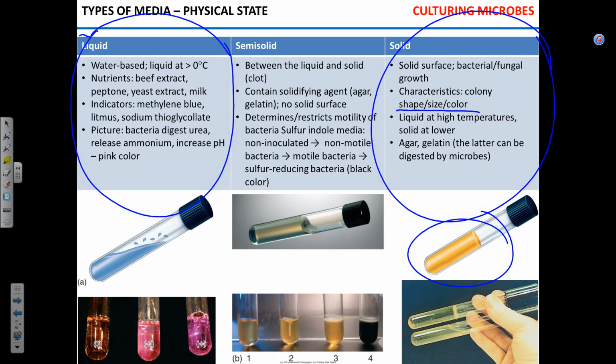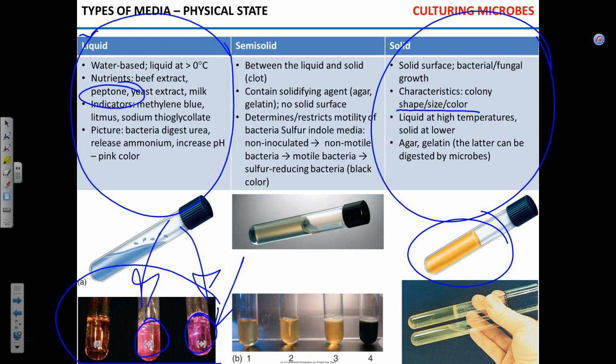Seriously, you can do that. The downside, you can't separate species, so you have a growth and you don't know how many different types are there, right? The upside, you can add indicators. Like in this picture, when you inoculate these tubes, the bacteria that break down urea produce ammonia, which changes the pH of the medium, turning it pink.